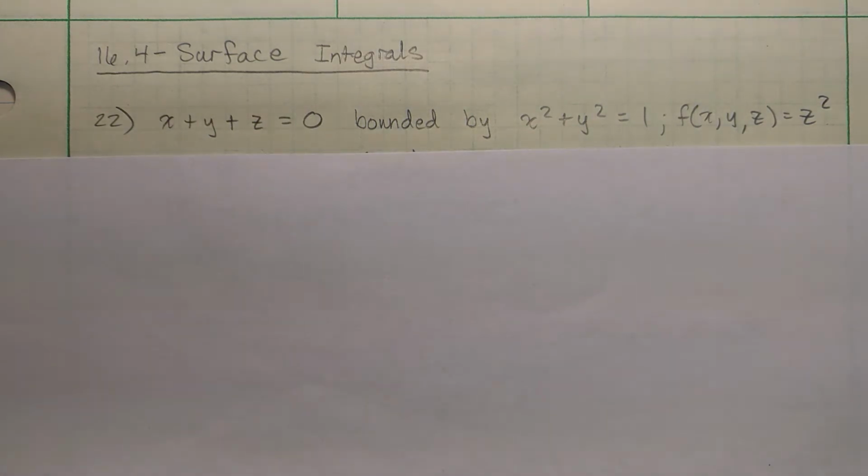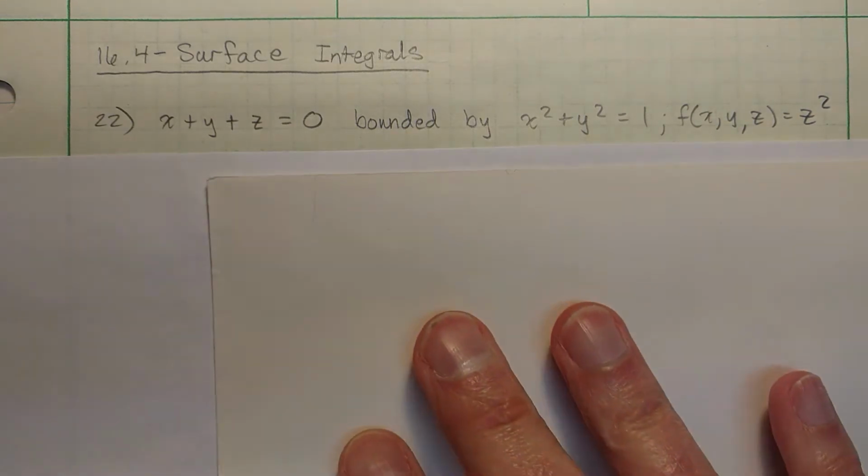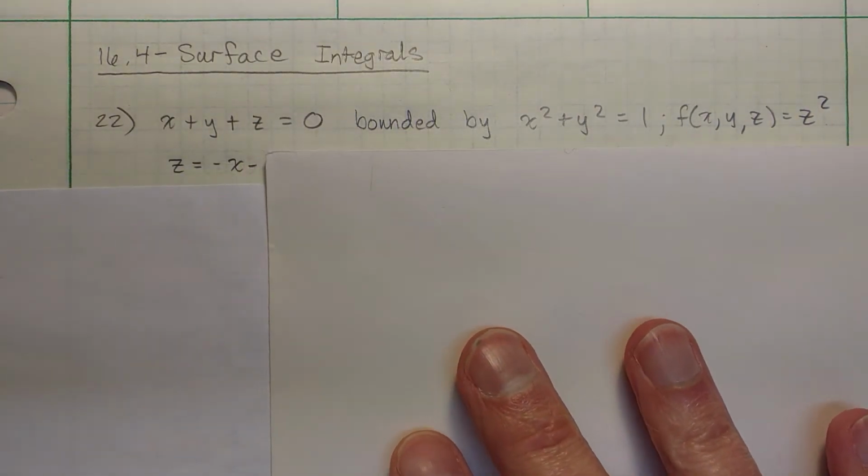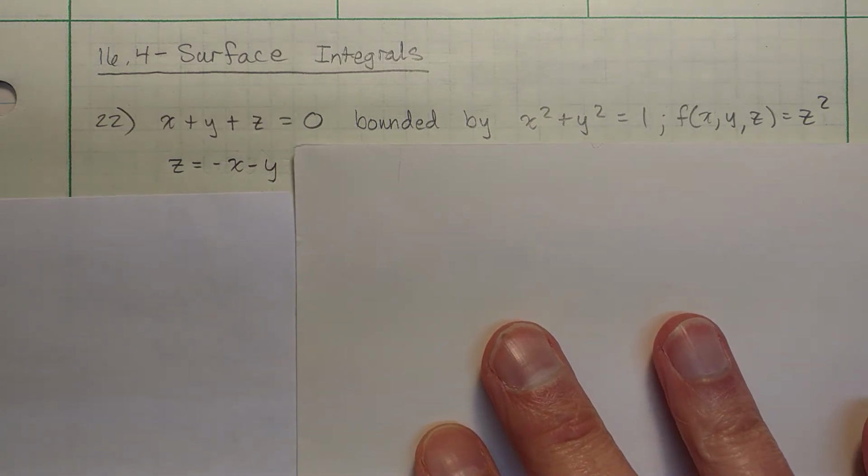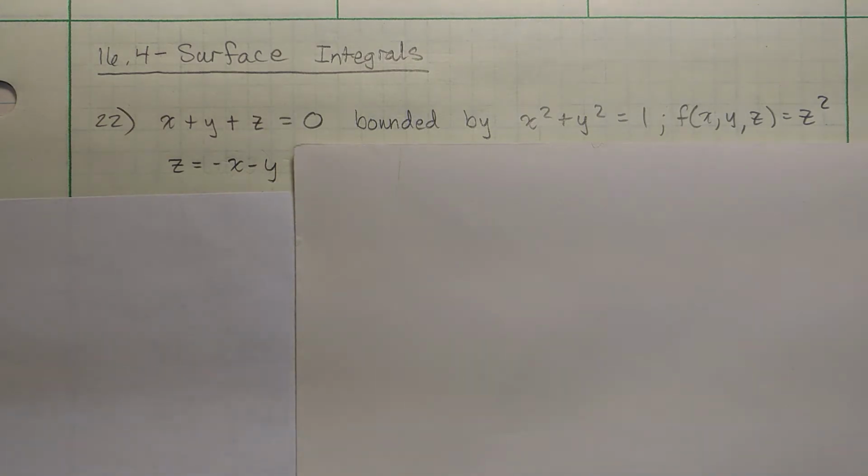This one lends itself to being solved by starting with our general expression, where we express the surface as g of uv, essentially a function of x, y, with z expressed as another function g of x, y.